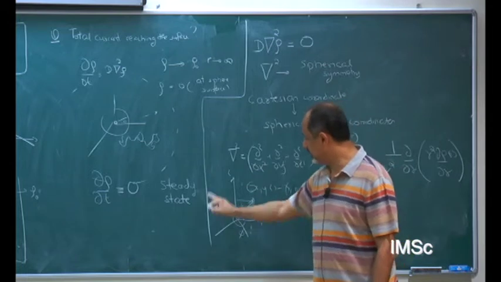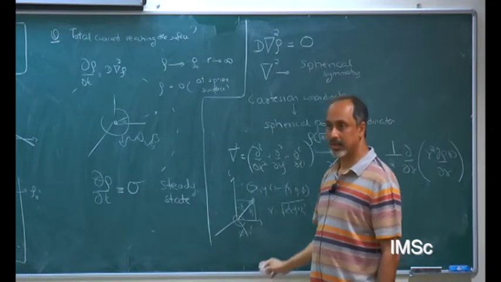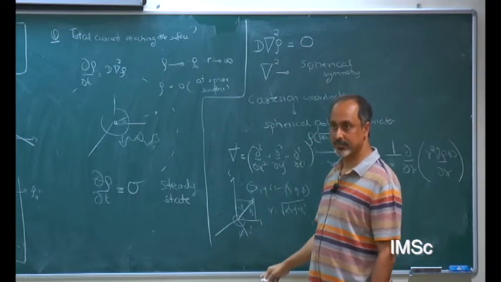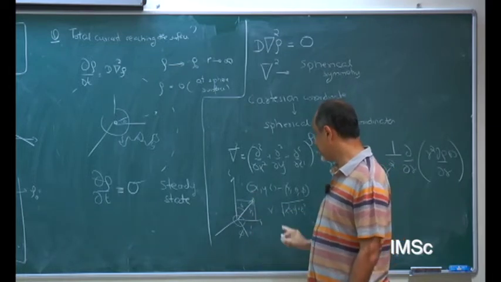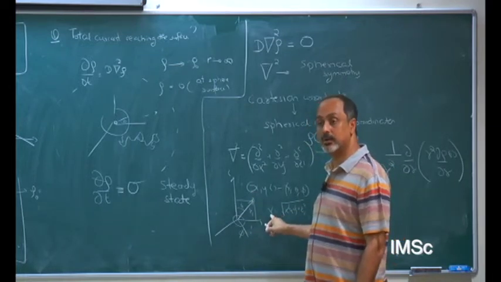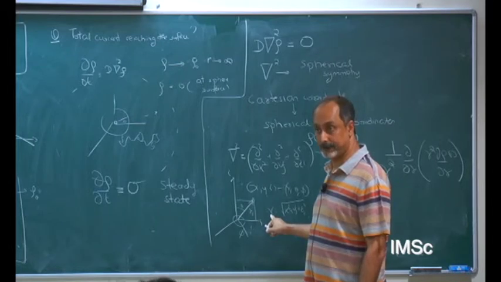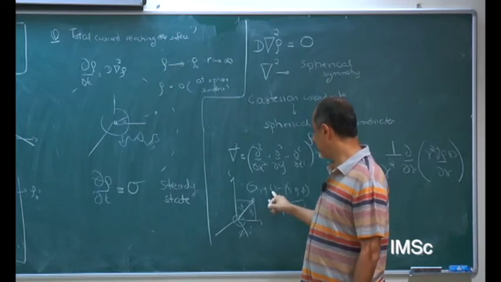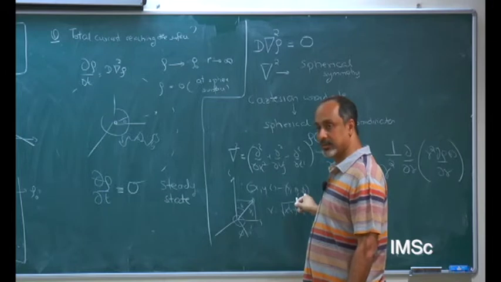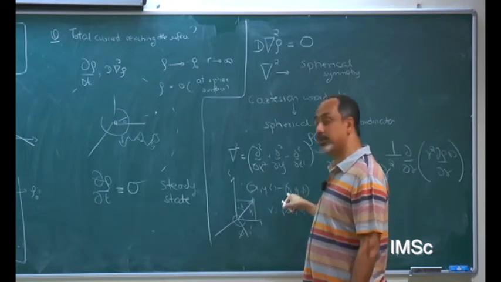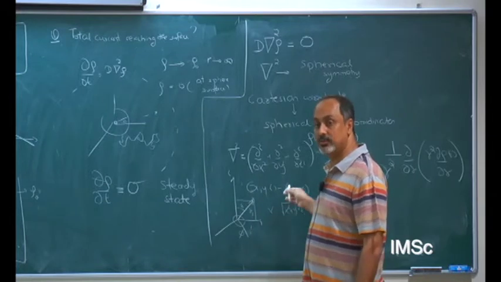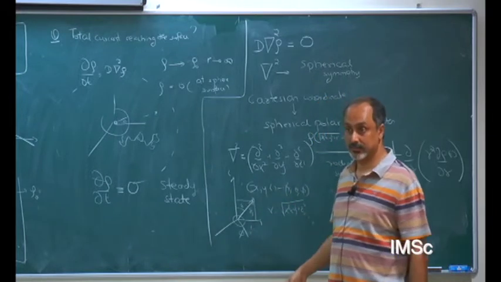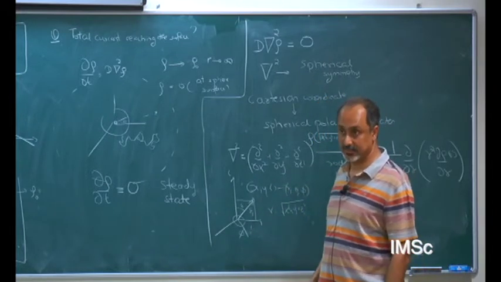If a function has the symmetry of a sphere, spherically symmetric, then all the properties of that function depend only upon r, not on theta and phi. So here x, y, z was mapped onto r, theta and phi, but a function that depends only upon r, although it can look very complicated in terms of x, y and z, looks very simple in terms only of r, because it doesn't involve theta and phi.